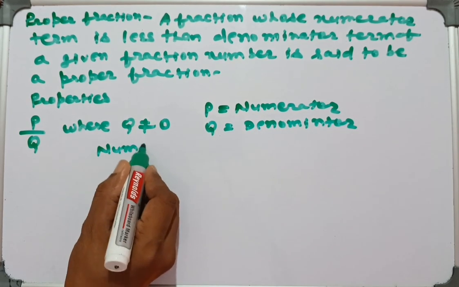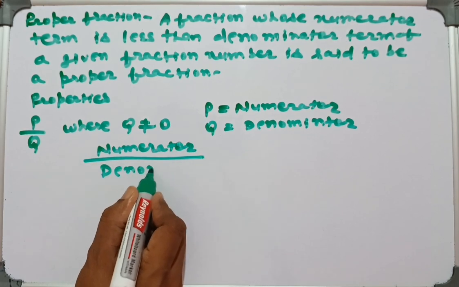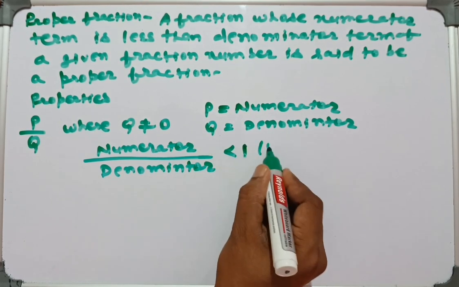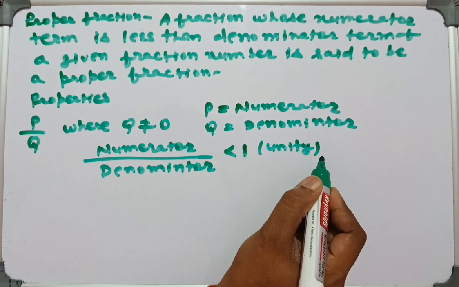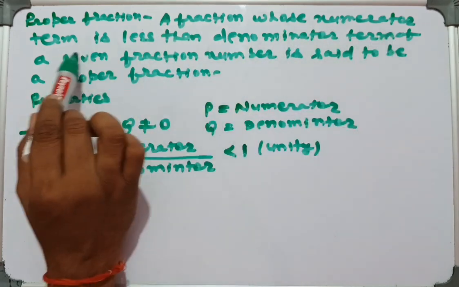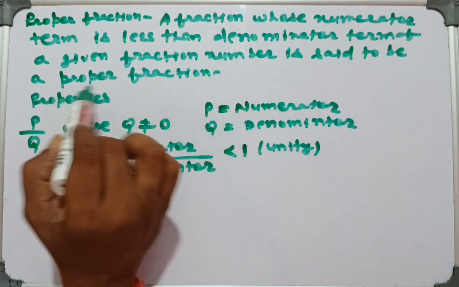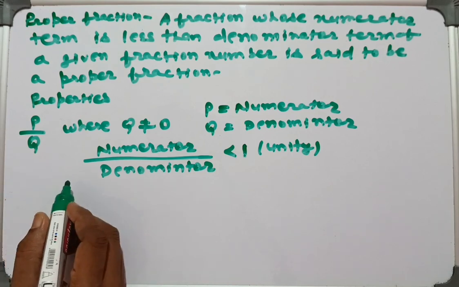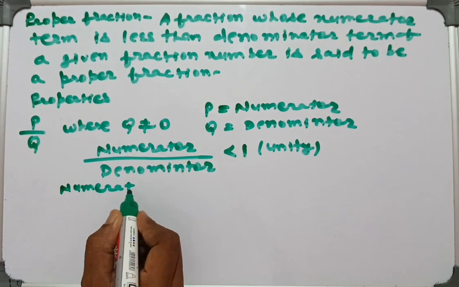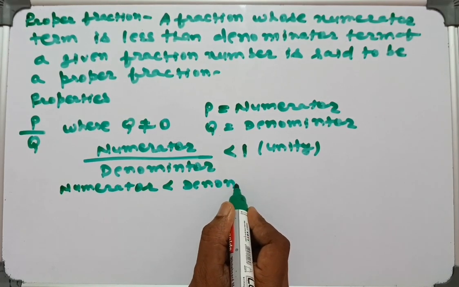So numerator divided by denominator is less than unity. As per the definition also, a fraction whose numerator term is less than the denominator term of a given fraction number is said to be a proper fraction. Now you can also say numerator is less than denominator.